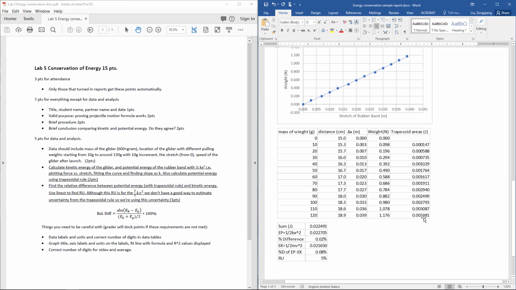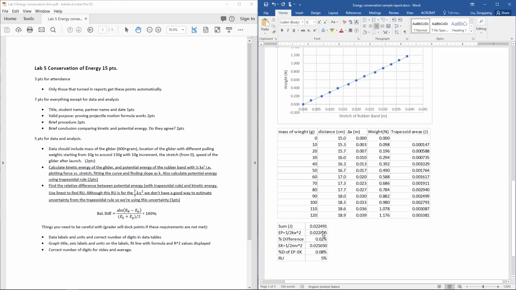This is okay, one too many, but let's compound that together with these. The sum, there's definitely too many digits for the area. We're looking at areas calculated from the weight and the stretch. The stretch only has two decimals. If you keep the two significant figures, if you keep 3, then you have 3. So the sum should also have only 3. So too many, and the kinetic energy also too many.